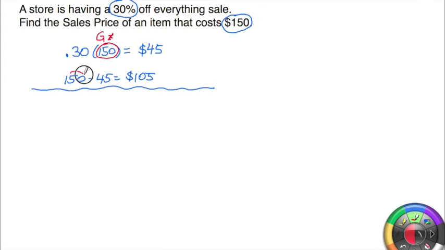So wherever I see 150 in these calculations, I'm going to replace it with G. So the item now is going to cost G dollars. All right, so you would take the 30% of G, G, there we go, and you would take this away from the original cost, which was G.